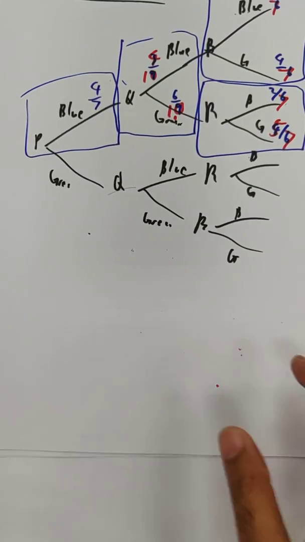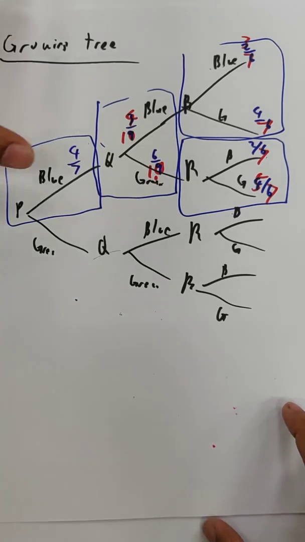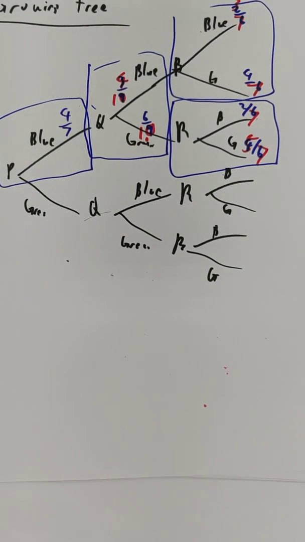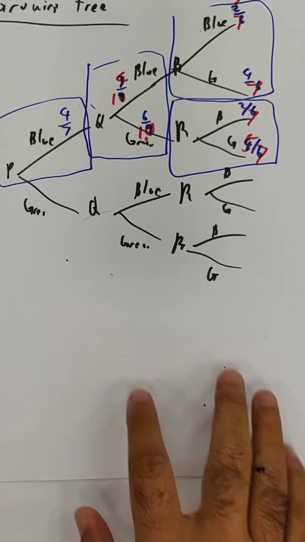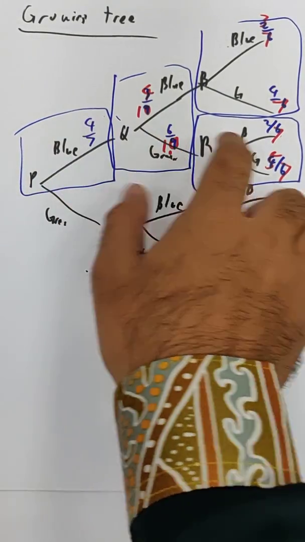We have a bit of time. Now, if I ask you a question, give me the one with 2 green outcomes. Only 2 greens. Which branch? Blue, green, green.